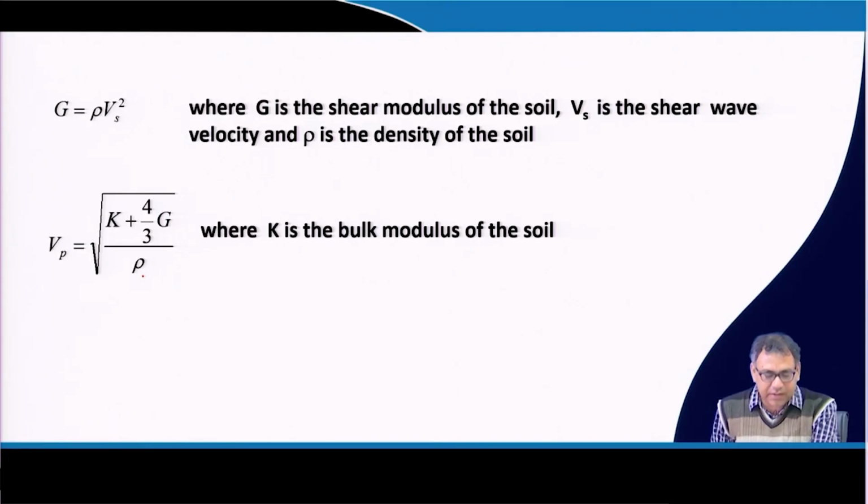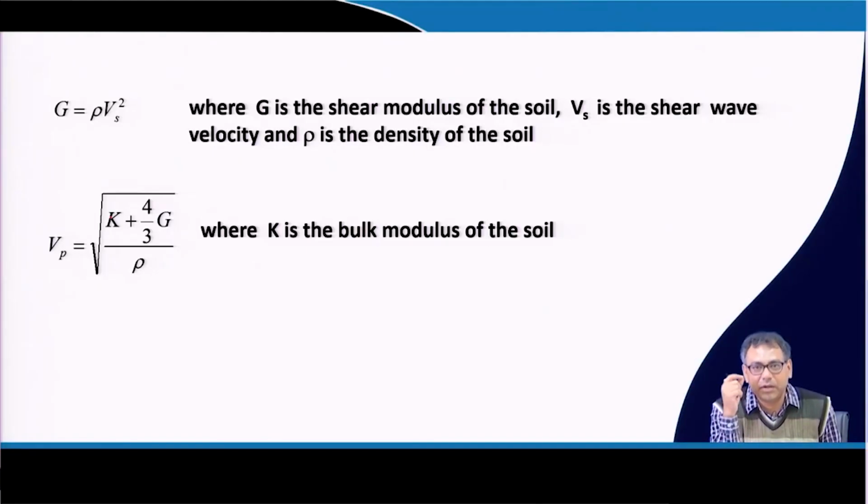Okay, so if you are using the velocity of the shear wave, and you know rho, the density of the soil, then you can determine the shear modulus. And if you know the velocity of the P wave, then you can determine the bulk modulus of the soil also.